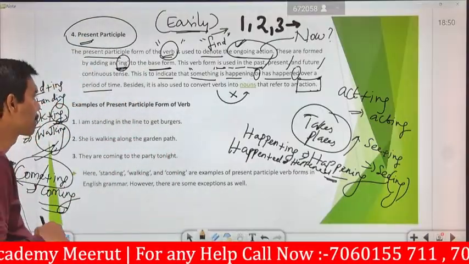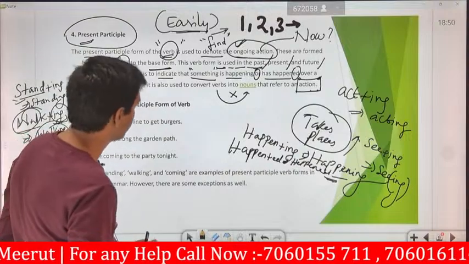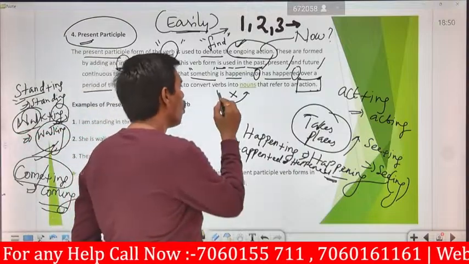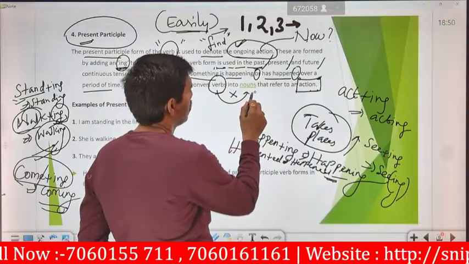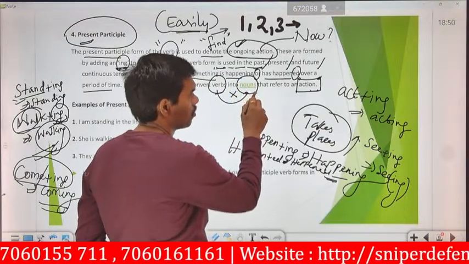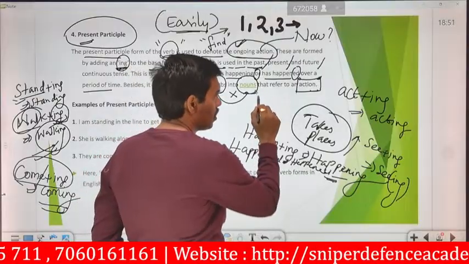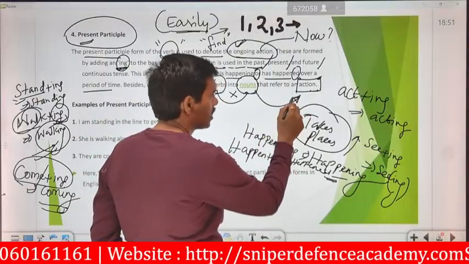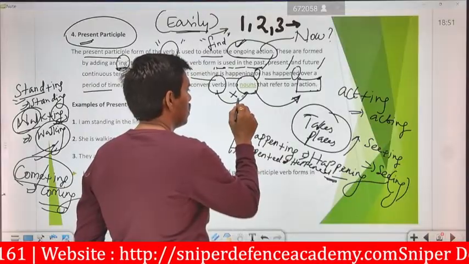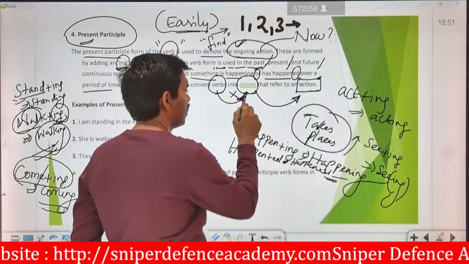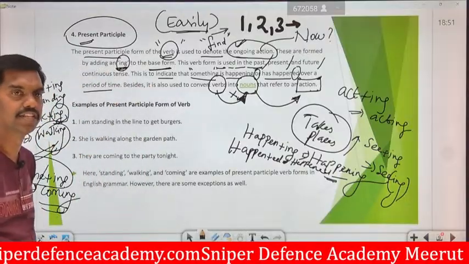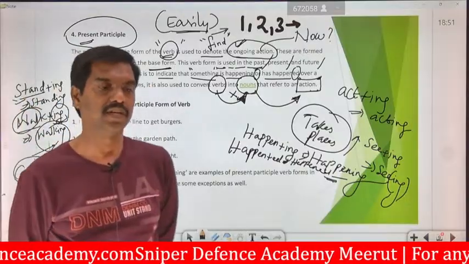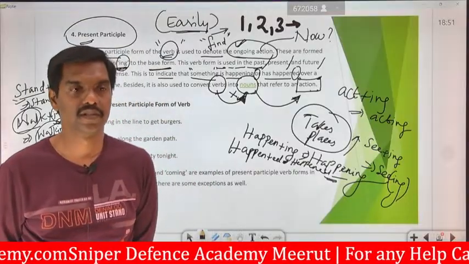Besides that, we can also say that all types of verbs given here will be converted into nouns, and that will refer to taking an action. So it will always display that some action has taken place.